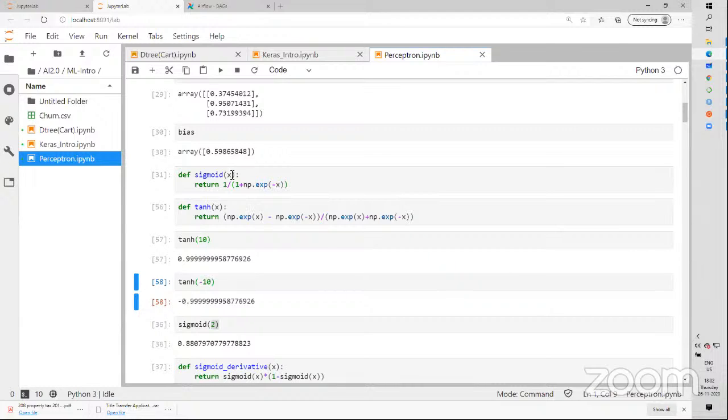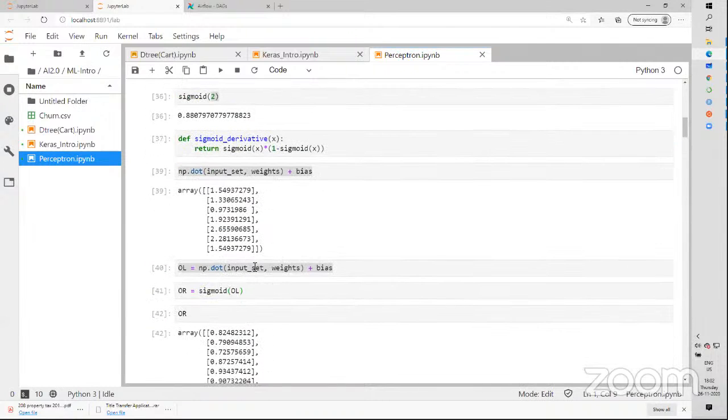Sigmoid output is always between 0 and 1. That's why for a high negative value we are getting minus 0.99, and for a high positive value we are getting 0.99. So our output is always going to be between minus 1 and plus 1.